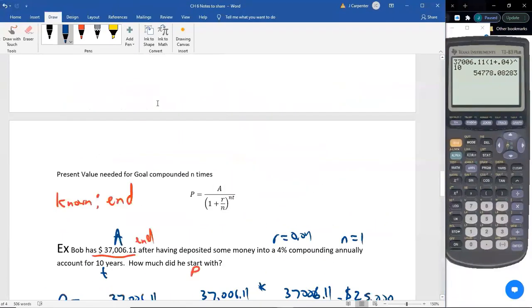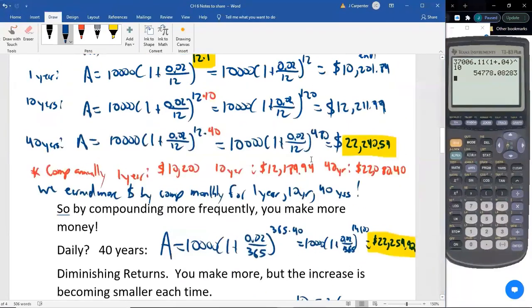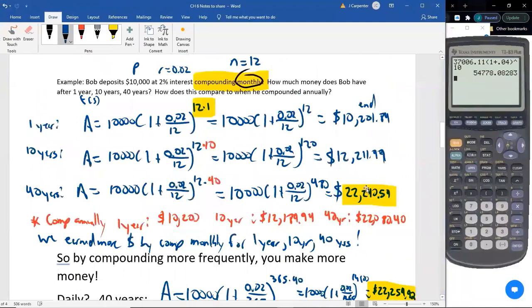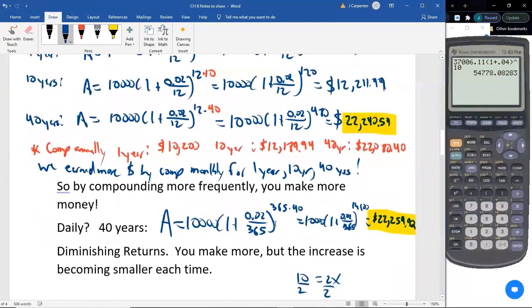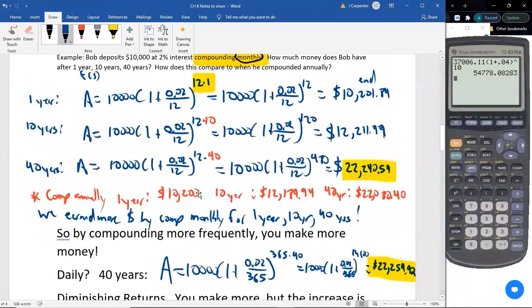So earlier, we said when we compounded annually after the first year, we made 10,200. But when we compounded monthly instead, when we gained money more frequently, even at the same annual rate, we gain a little more money. Which essentially means we could have made a whole new problem where we only gain money once, end up with the $10,201.84, and figure out what that rate would be. And that's what we call the effective rate.